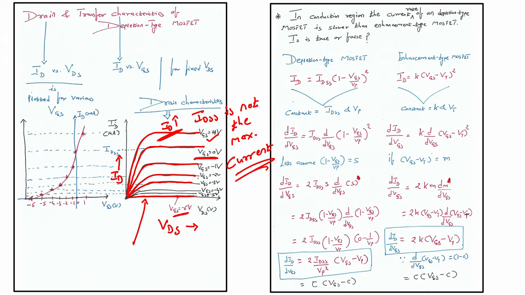So, what we see here, the drain characteristics is ID versus VDS, while the transfer characteristics would be ID versus VGS for fixed VDS. For fixed VDS, let us draw the transfer characteristics. In this case I will draw an xy plot like this.